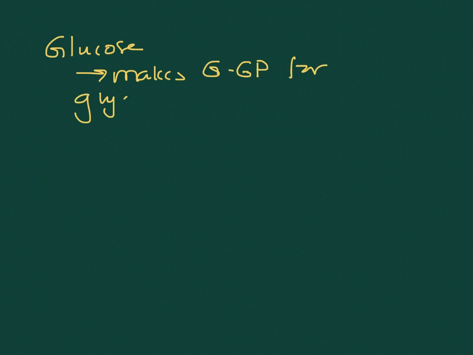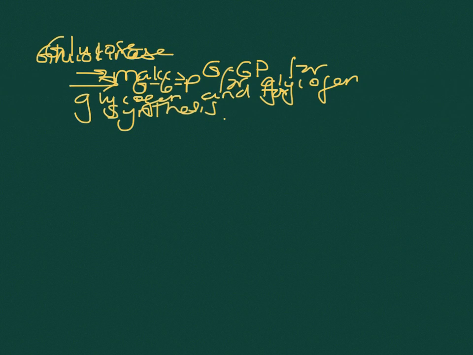Glucokinase phosphorylates glucose so it makes G6P for glycogen and for fatty acid synthesis.